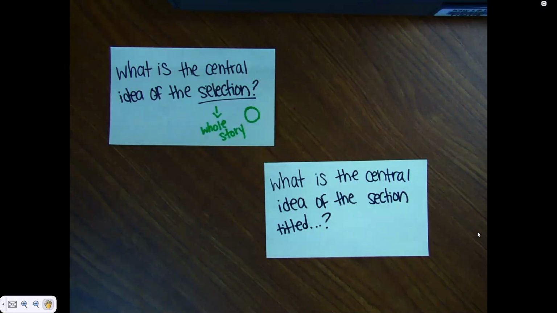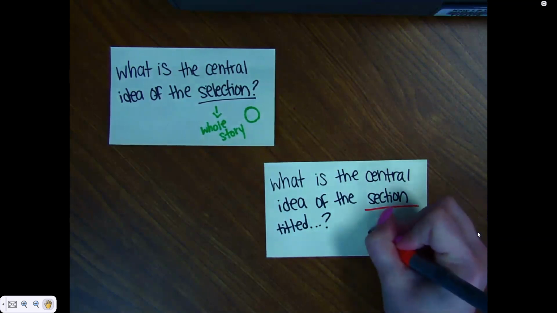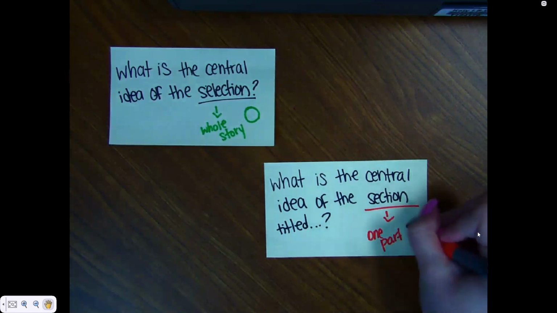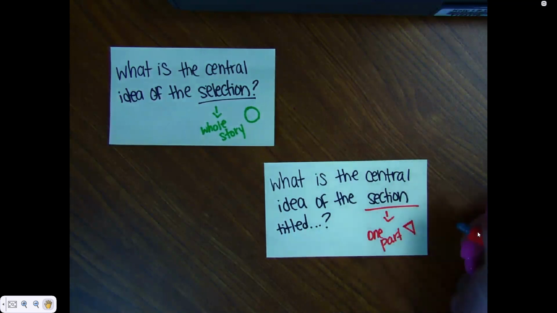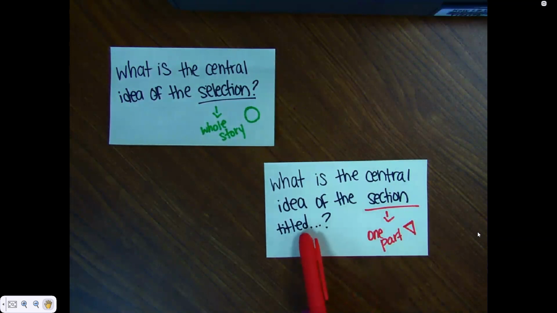So when it asks that, I'm just looking for one part. I just want to know that section. I don't want to know the whole story. Whatever title they've named, that's what I want to know.